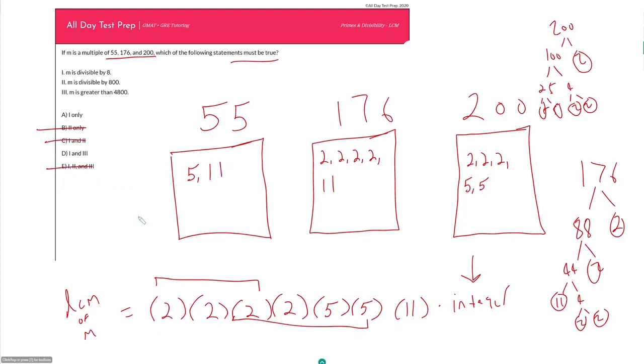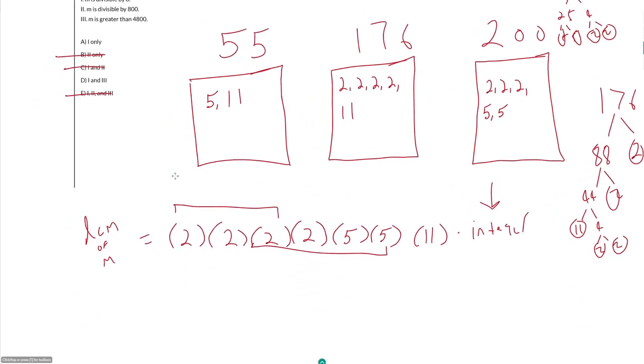Even though it looks like we avoided it up until this point, I think for the third statement we're going to actually have to find this number. So does M have to be greater than 4,800? If the least common multiple is greater than 4,800, then all of the multiples will be greater than 4,800. We got to find what this is. And I actually don't think it's going to be that bad, because here we got 100 times 4.